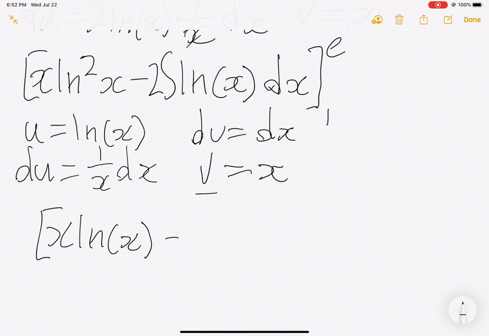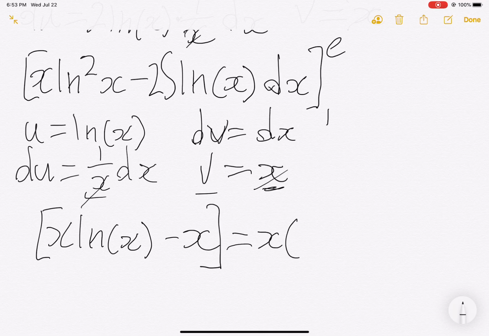Actually, oh wait, no, this is our v and this is our du. My dv looks like my du, that's unfortunate. And we see that the x's cancel, and we're left with 1 dx, and everyone knows this is going to be x. We could factor out an x as well. So this is equal to x times the natural log of x, minus 1. And there we go.